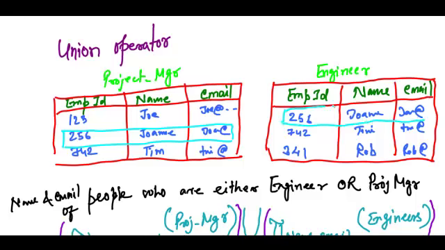Joanne, and we have, do we have someone else? Do we have Joe here? No. Do we have Tim? Yeah, we have Tim here. Okay, and the next guy is Tim.